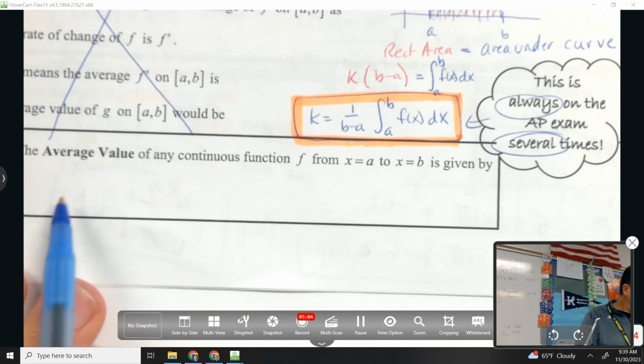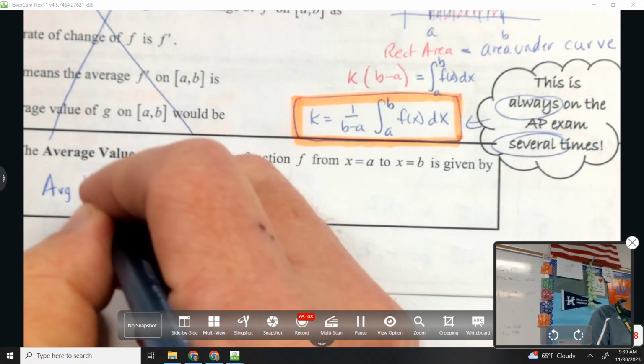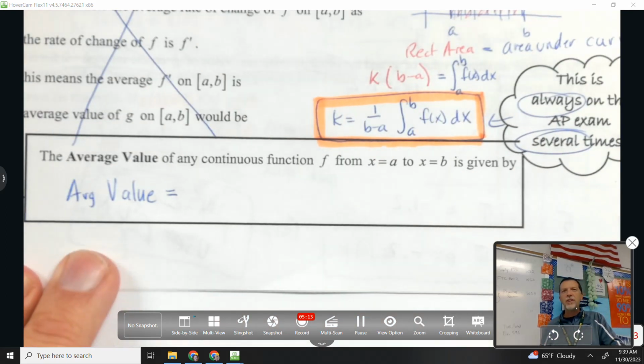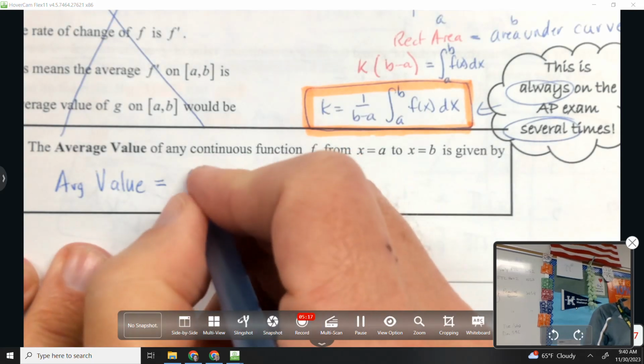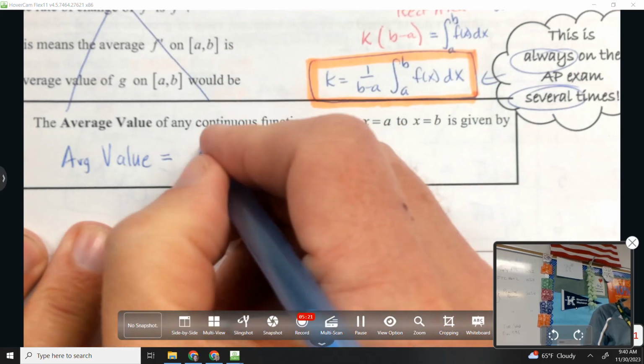So I'm going to rewrite it down here, although I'm going to write it first with the concept way to figure it out, because that's how I remember it, rather than remembering all the details. My brain remembers this picture, and I know that the two areas have to be equal.